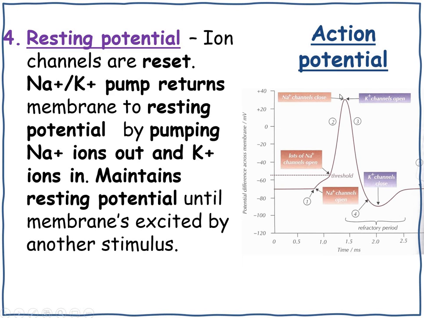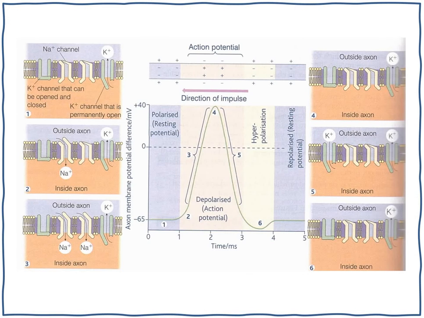It's probably important to point out that the repolarization and the hyperpolarization period is known as the refractory period. So at the first bit here, that is the resting potential, but at the bottom of this resting potential, a stimulus might occur which opens some of the sodium channels, which makes it a bit less negative.